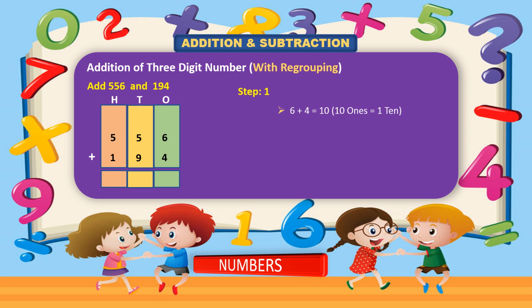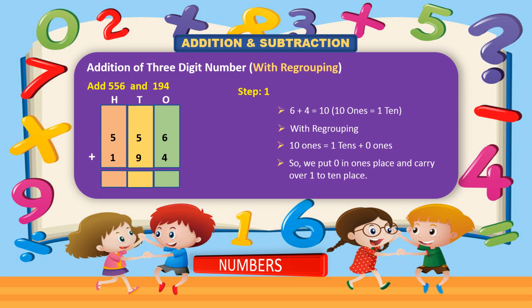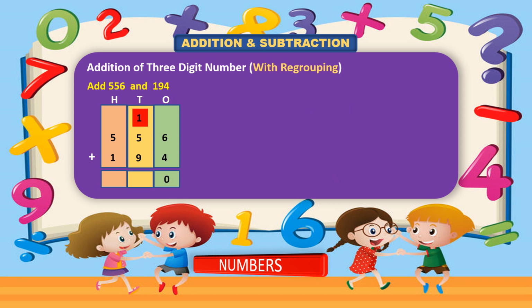With regrouping, 10 ones is equal to 1 tens plus 0 ones. So we put 0 in ones place and carry over 1 to tens place.